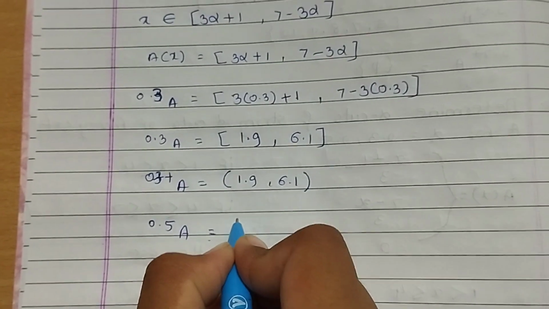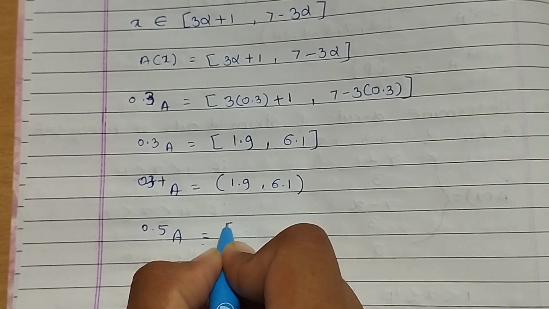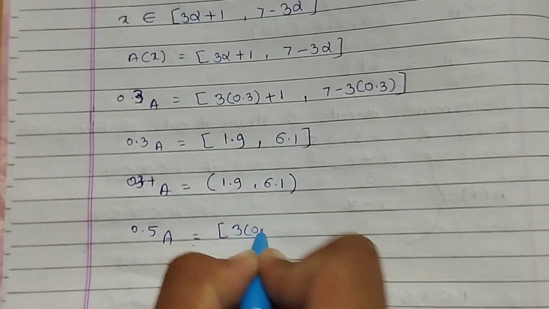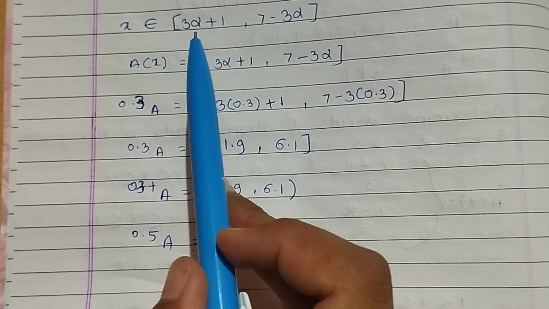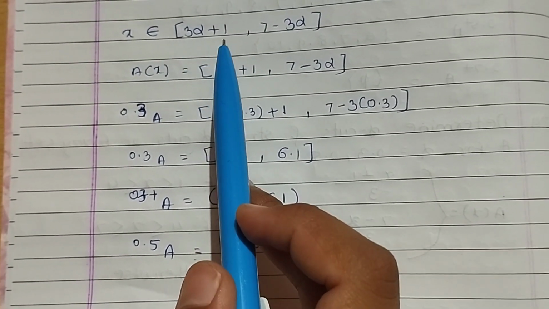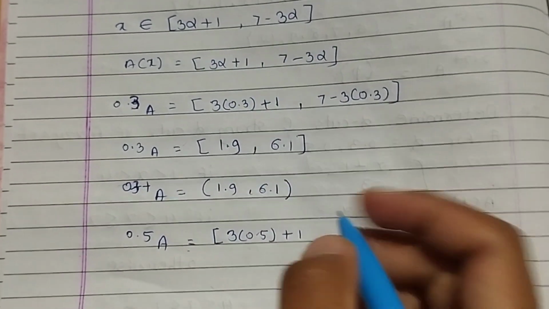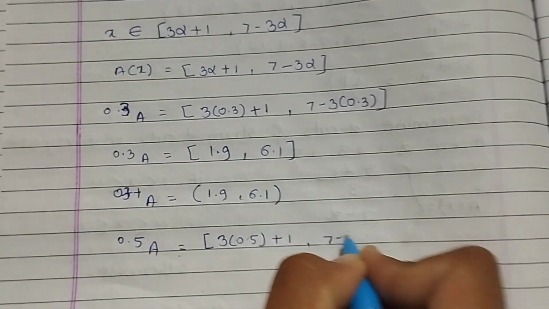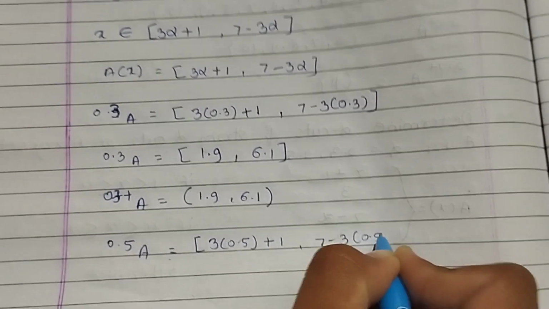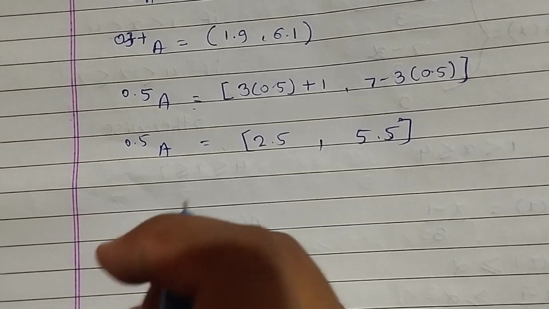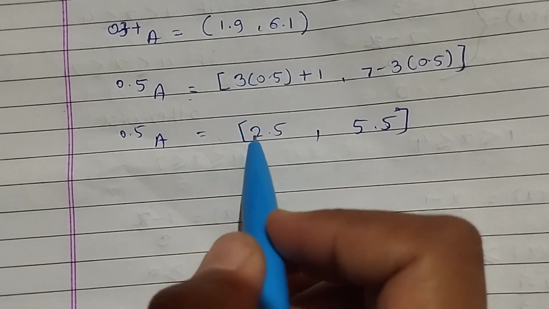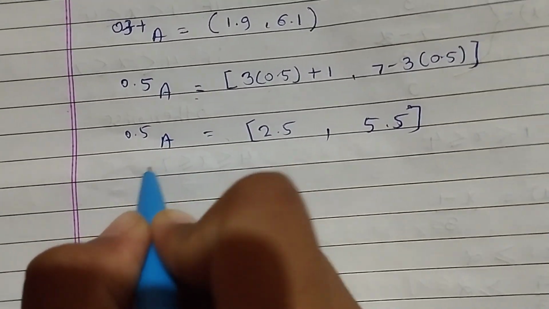Now we write for 0.5. So 3 into 0.5 plus 1, because the equations are 3 alpha plus 1 and 7 minus 3 alpha, and 7 minus 3 into 0.5. So the values are 2.5 and 5.5.